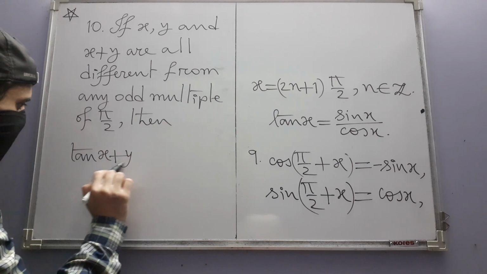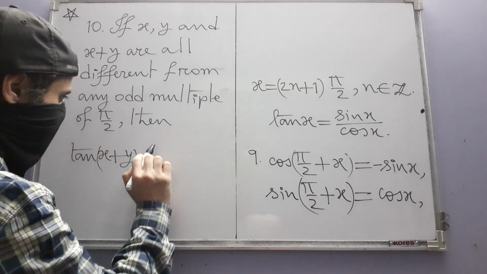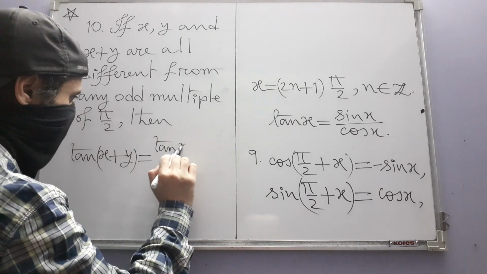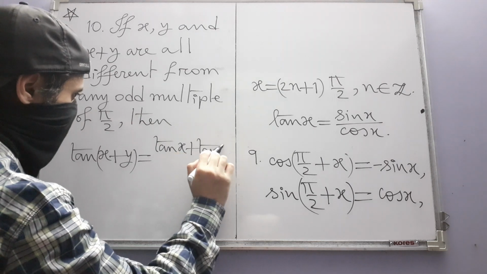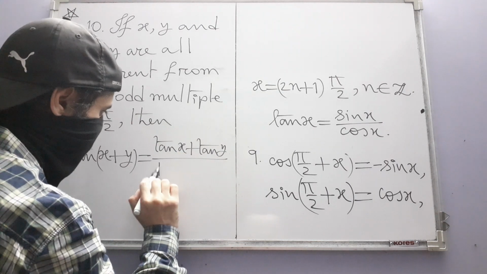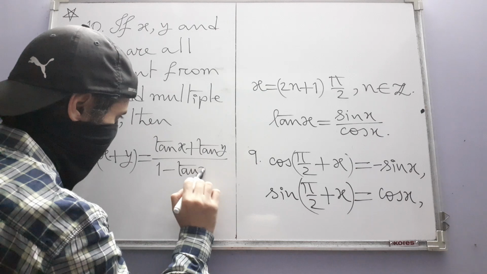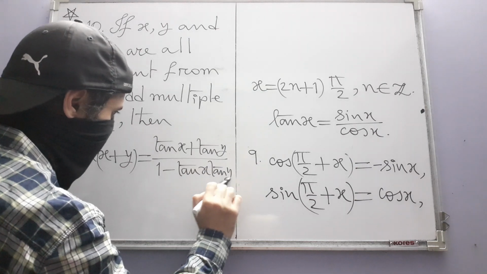Tan of x plus y is tan x plus tan y divided by 1 minus tan x tan y.